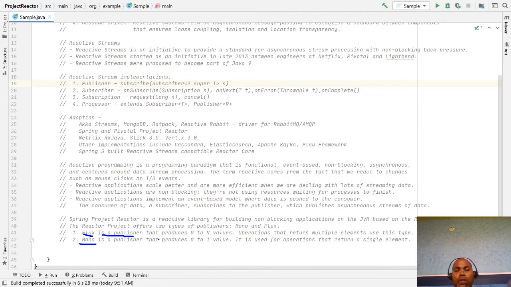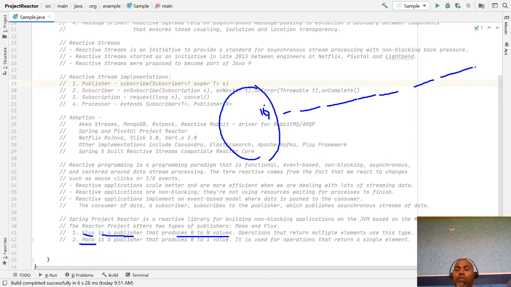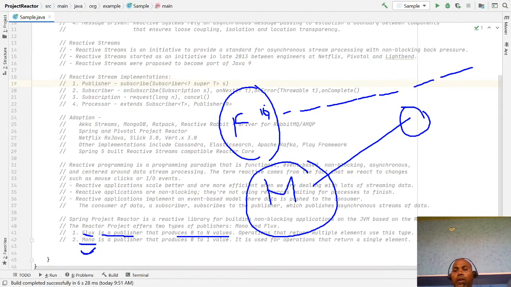Flux is a publisher that produces 0 to n values. That means your publisher can publish zero values or n values, any number of values. The second publisher, Mono, can produce zero values or one value.